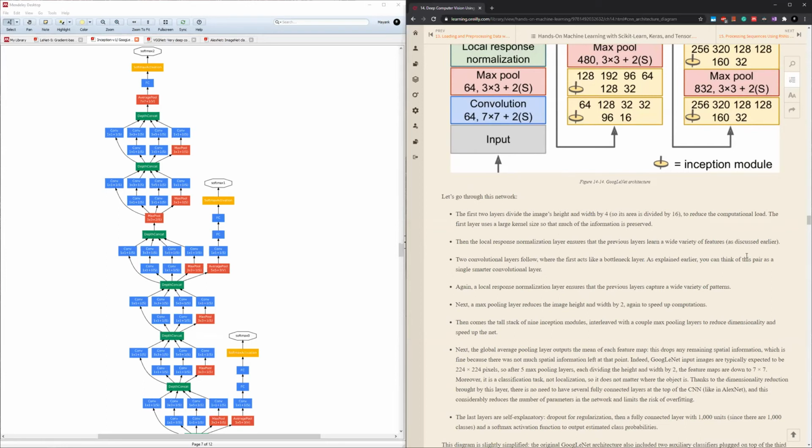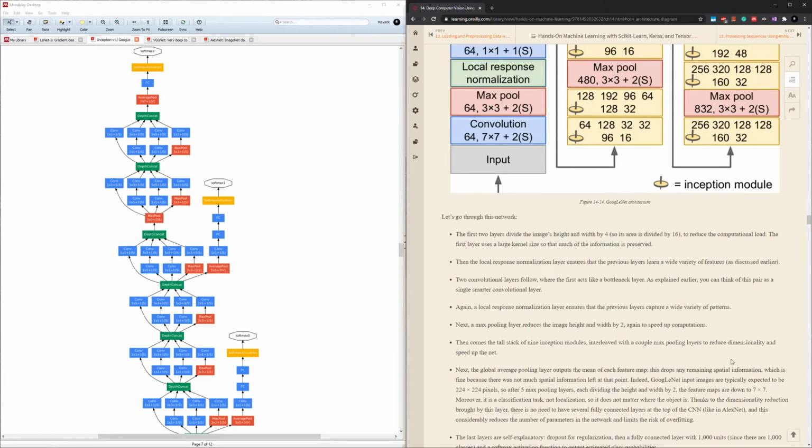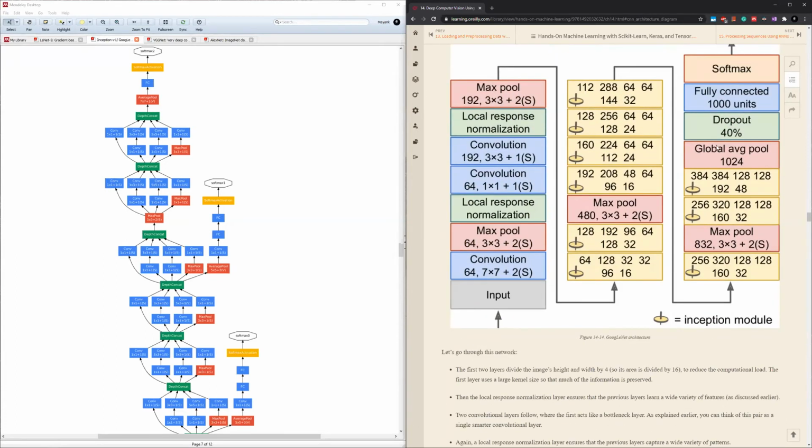How do I describe it? It's spatially invariant, right? So these are spatially invariant, and they try to reduce those dimensions, and the number of parameters is reduced to limit overfitting.